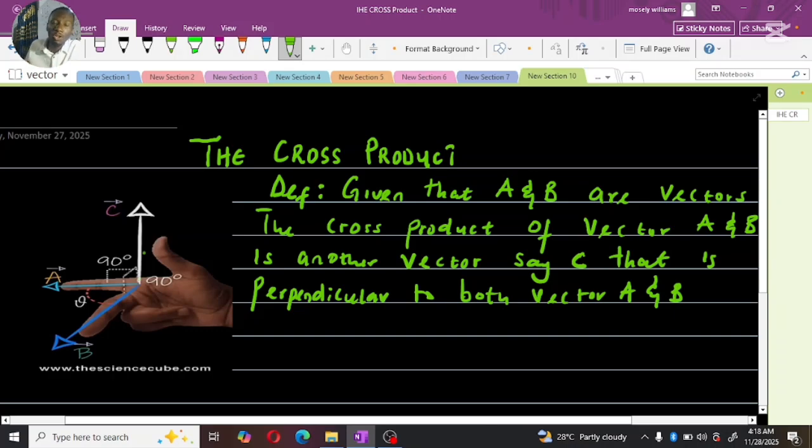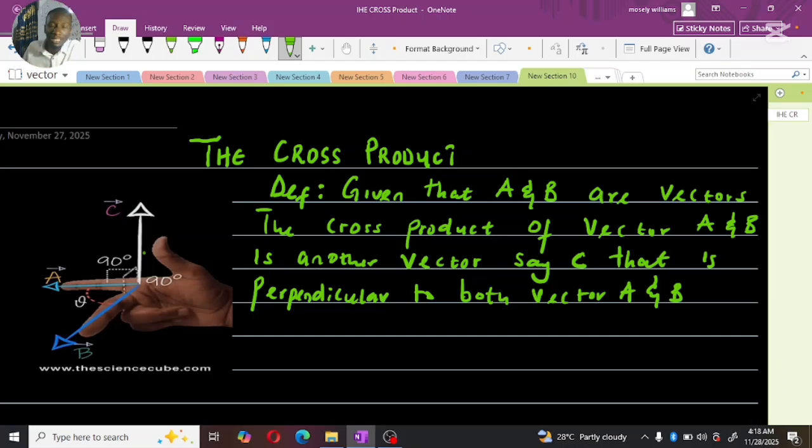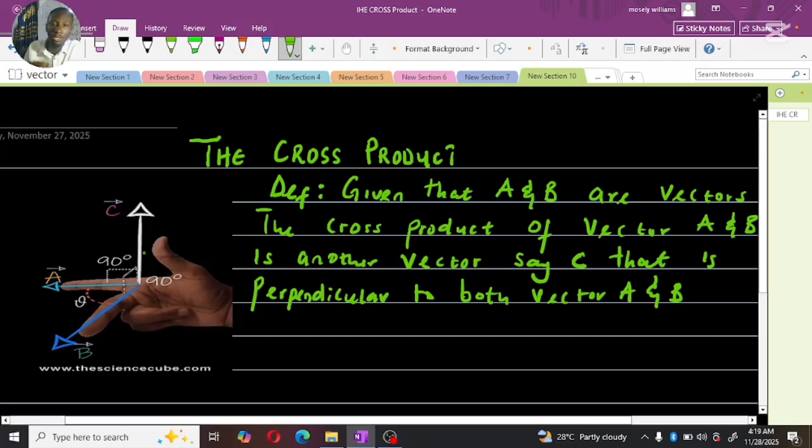Even if they should wake you up from sleep to ask about cross product, you should be able to have something to say. Now, the question is, how do we solve problems on cross products? How do we tackle them? It is very, very simple.